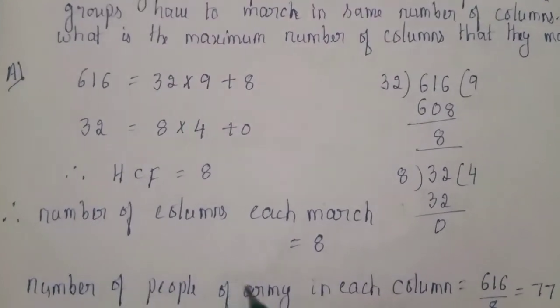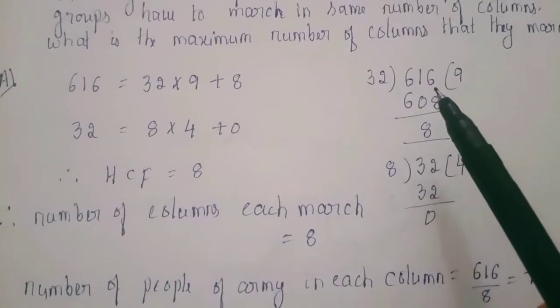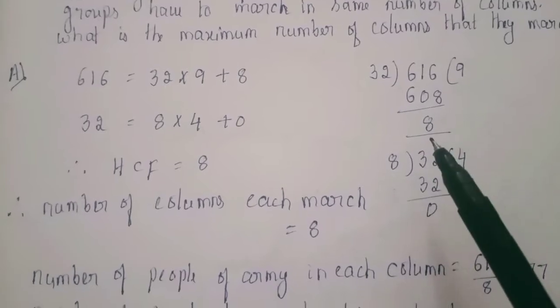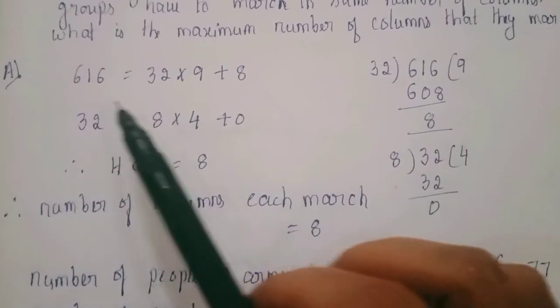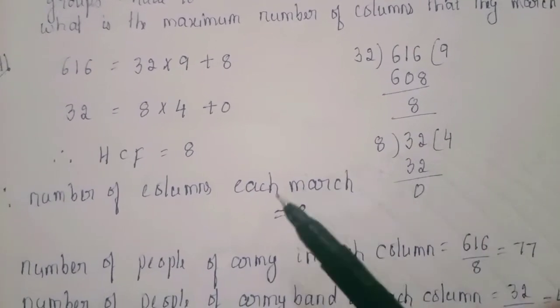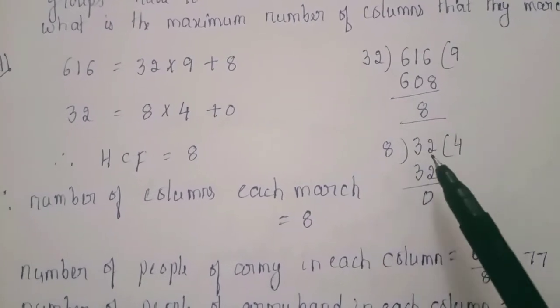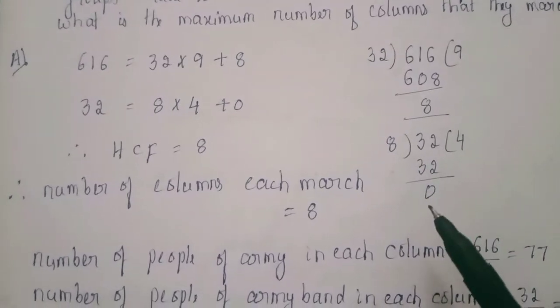As you already know how to find HCF by Euclid's division lemma, 616 you take as dividend, 32 is the divisor. 32 19s are 608, the remainder is 8. In word problems it is not required to write these lemma steps; you can do the long division directly and write the HCF. The next step is 32 as the dividend and 8 as the divisor. 8 4s are 32, remainder is 0.